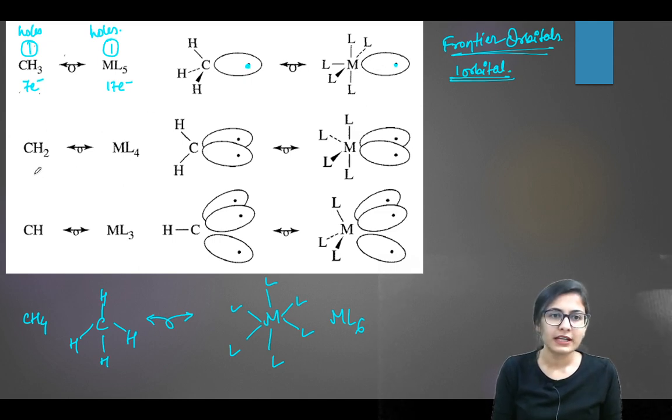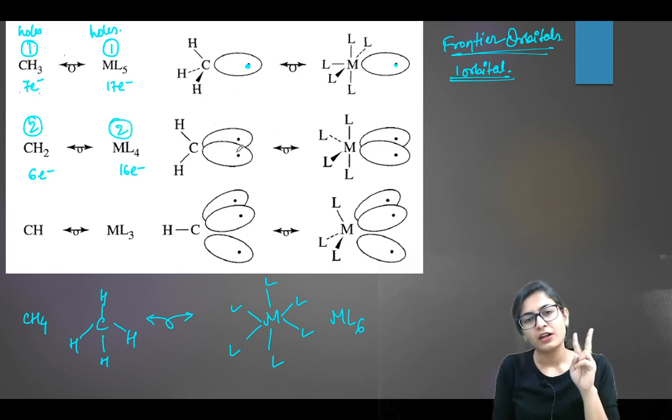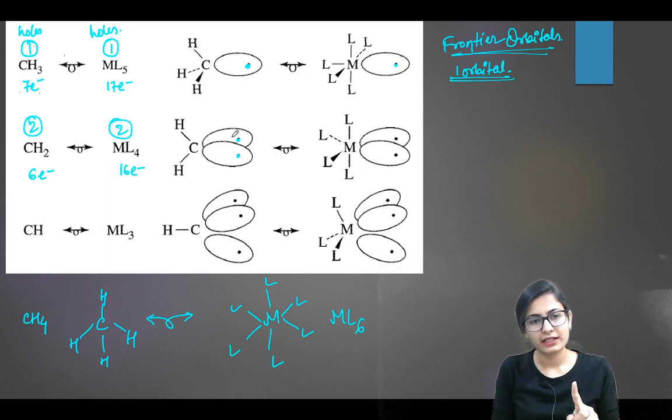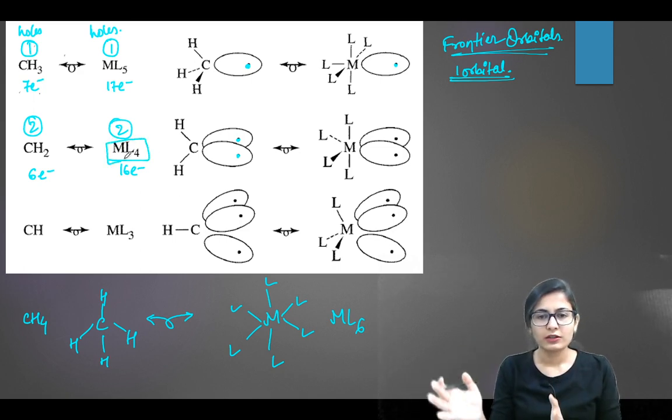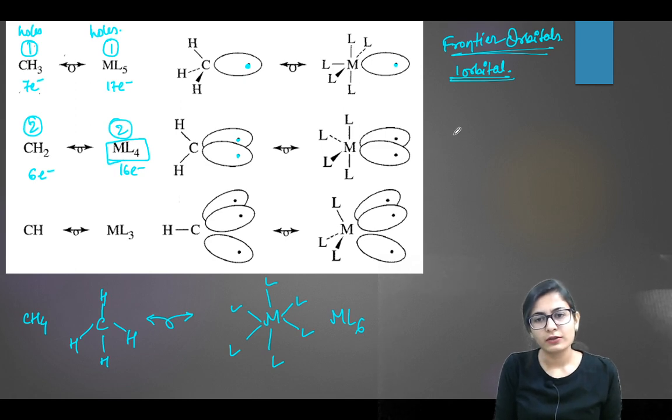Similarly, if we go to CH2, there are 6 electrons, and for ML4, 16 electrons, and the number of holes is equal to 2. Each brings forward 2 frontier orbitals, each having one electron in this manner. ML4 is only 2 ligands short, so it brings forth 2 orbitals. According to the frontier orbital concept, they are still isolobal.